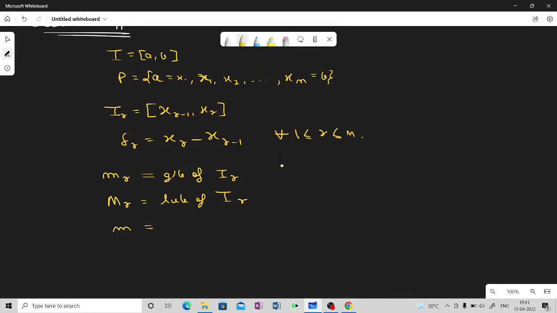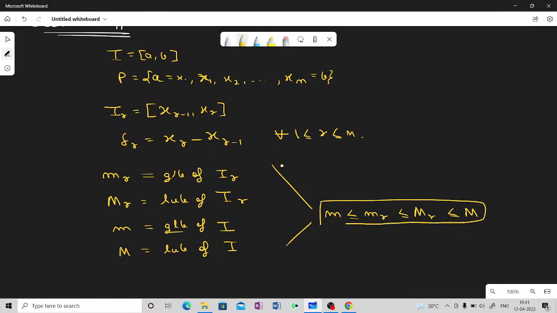Small m is the greatest lower bound of the complete interval I, and capital M is the least upper bound of the complete interval I. From these it is clearly evident that m is less than or equal to mr, which is less than or equal to capital Mr, which is less than or equal to capital M.